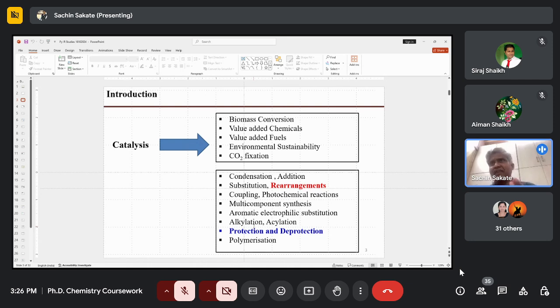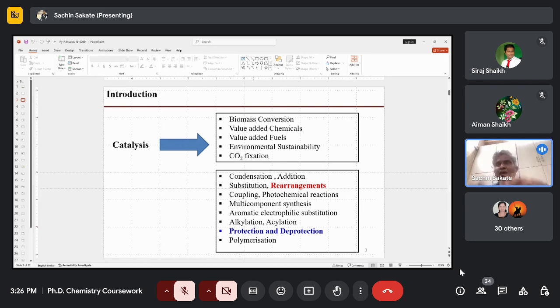But if we see from the point of view of analytical chemists and organic chemists, we are using catalysis for various reactions like condensation, addition, rearrangement, coupling, multi-component synthesis, substitution reactions, alkylation, acylation, protection, deprotection, and polymerization. So you are using catalysis nowadays in every field.